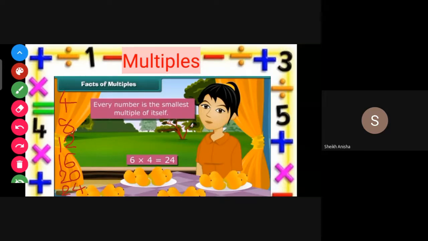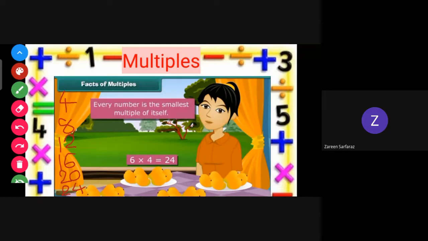Then roll number 2, Alwani Zainab. Roll number 3, Suhana. Alwani Zainab is present. Yes, ma'am.